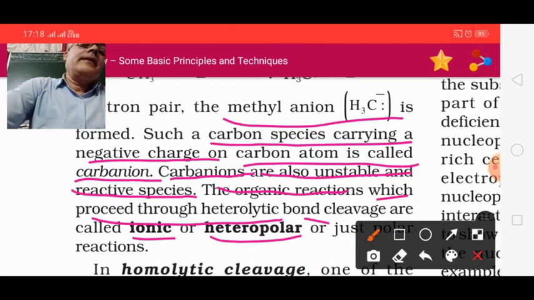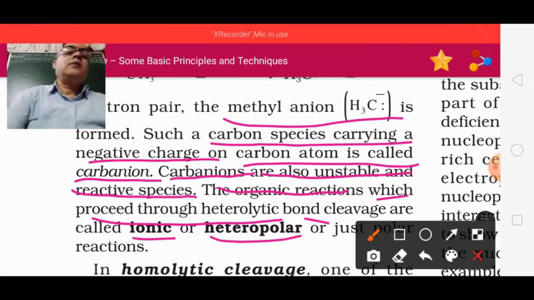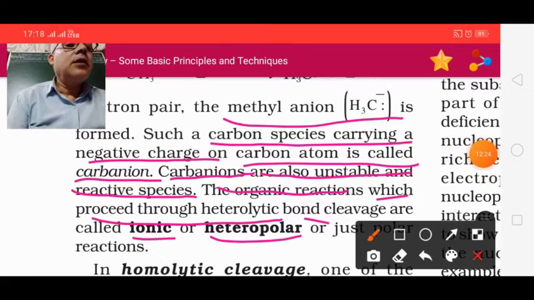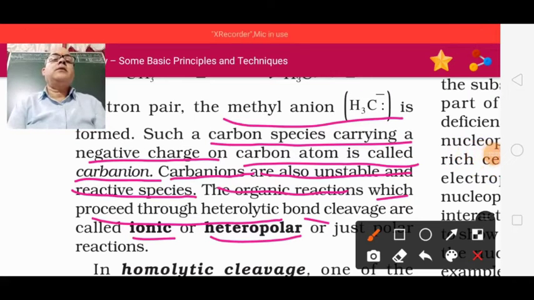Okay students, now we have completed cleavage. Once again I will revise: homolytic cleavage and heterolytic cleavage are the two types of cleavage.